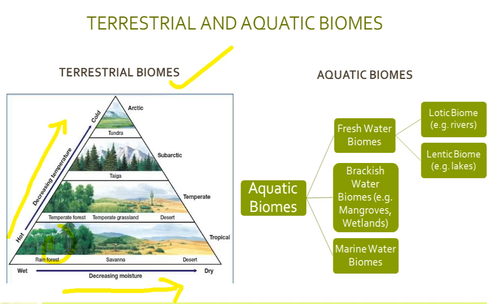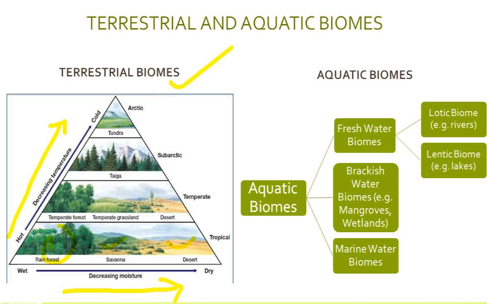Okay. Then is savanna and desert tropical biomes, which are usually found at 10° north and south to 30° north and south latitude. Okay. After that, we have temperate forest, temperate grassland and temperate deserts, which are found at 30° north south to 45° north south latitude.